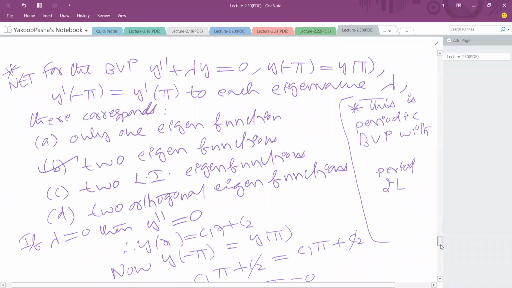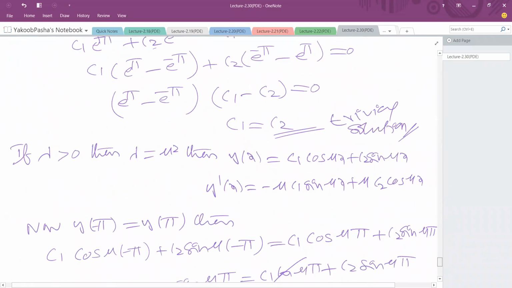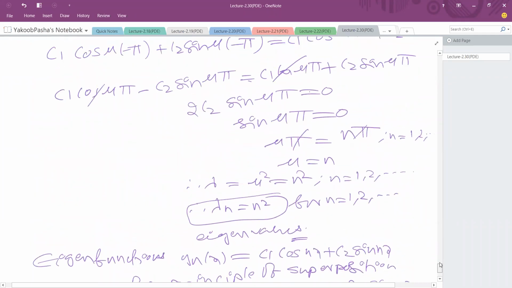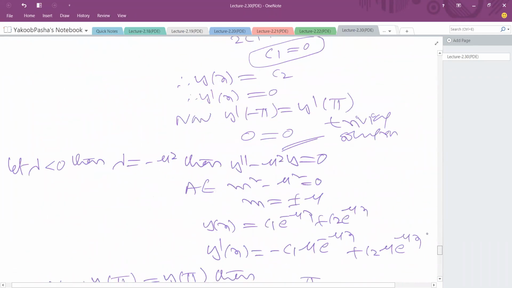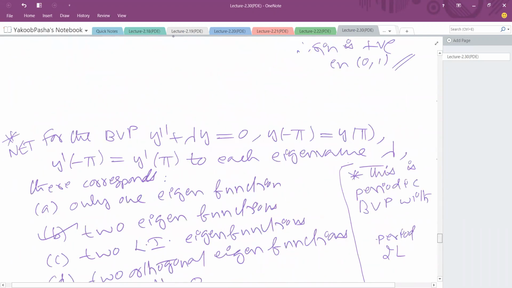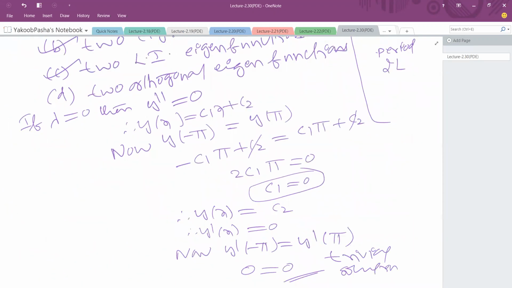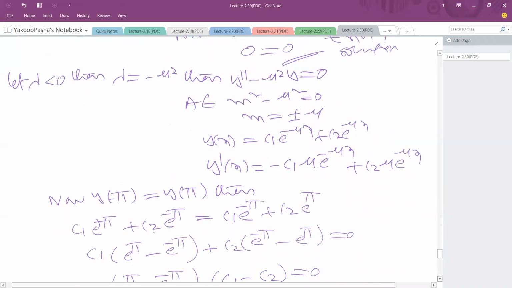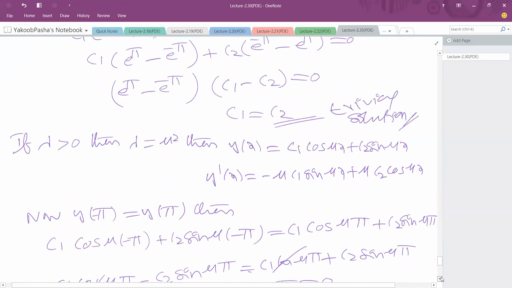First, we can check these two are linearly independent. No doubt, sin x, cos x are linearly independent. Two linearly independent eigenfunctions. And we have not yet verified the second boundary condition.